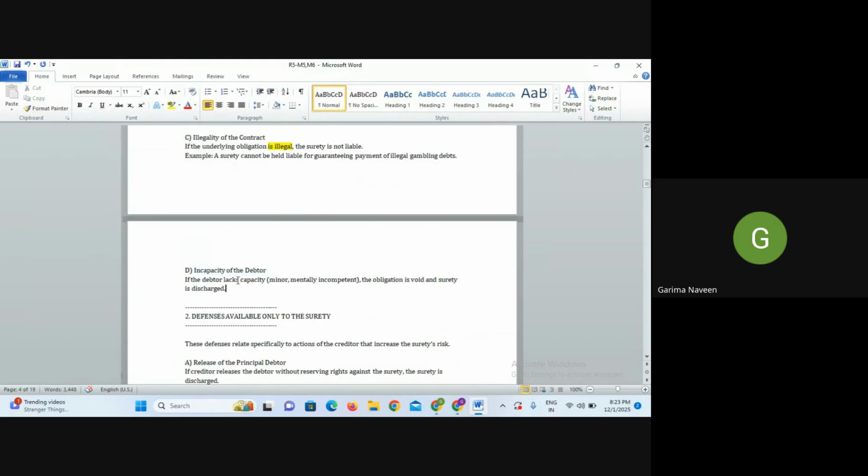If your debtor lacks capacity, like someone who is a minor or mentally incompetent, and has taken the debt from you, then the obligation is void. It means your debtor as well as surety both can be discharged by using this defense.